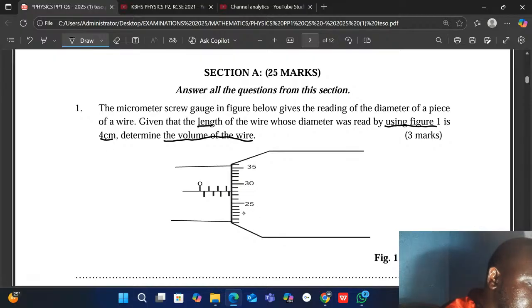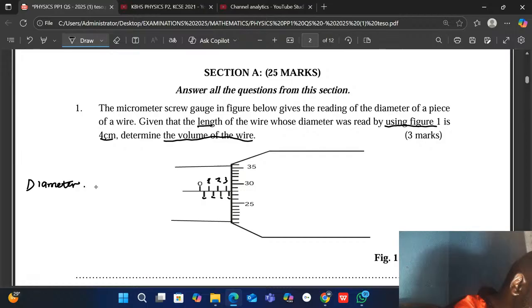Now, this one is supposed to be giving us the diameter. So now, how will we get the diameter? We are going to make a reading from this micrometer screw gauge. You can see from the main scale, we have 1, this is 2, this becomes 3. We have the lower half scale here, 0.5, 1.5, 2.5, 3.5.